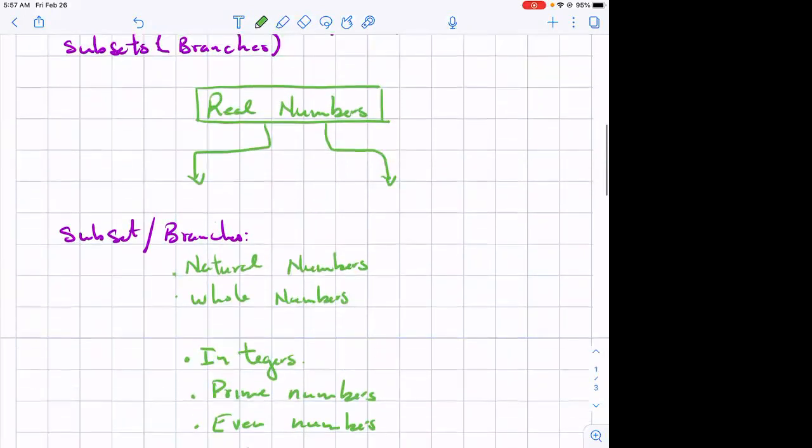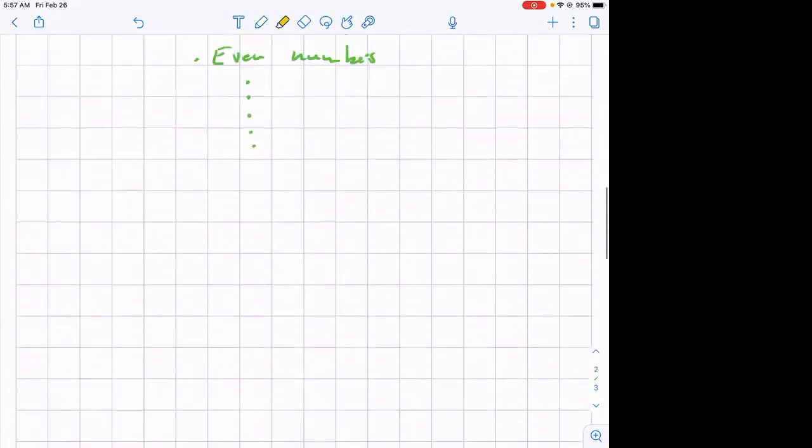Now, under real numbers, from this diagram, there are two main branches or subsets.